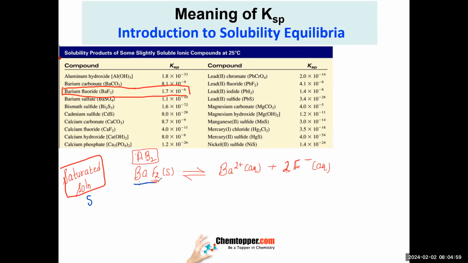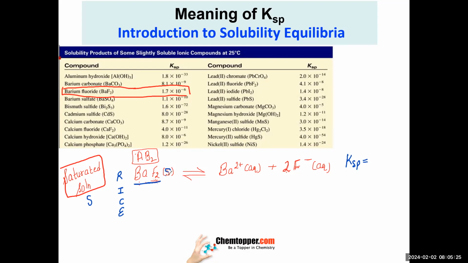S is the molar solubility. S is the number of moles per liter. So make the ICE table. Initially, how much BaF2 is solid? Okay, before you go for this, write down the Ksp expression.